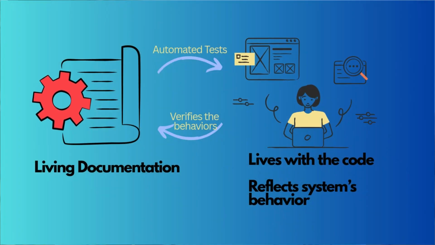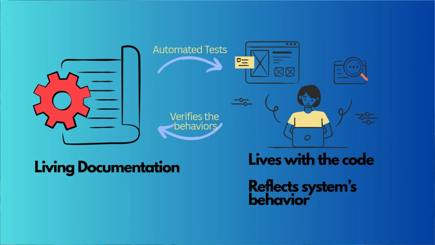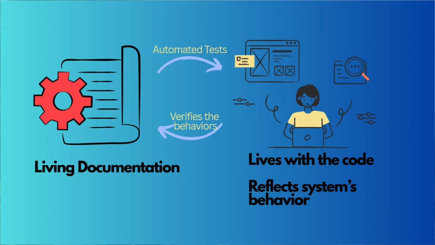So once you write those scenarios in a document, it will confirm that everybody has the same shared understanding, right? These executable specifications or scenarios which you have written in collaboration with your team will become a living documentation for your team, because it lives with the code and it reflects your code.